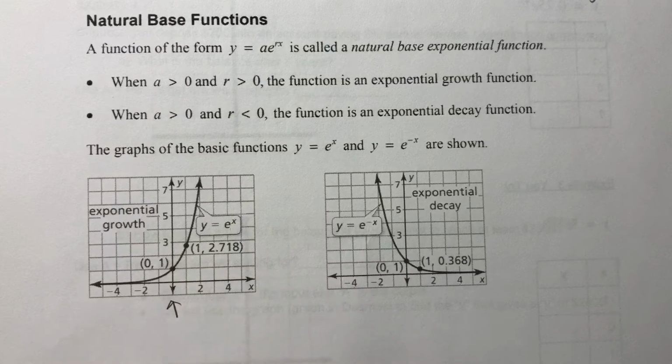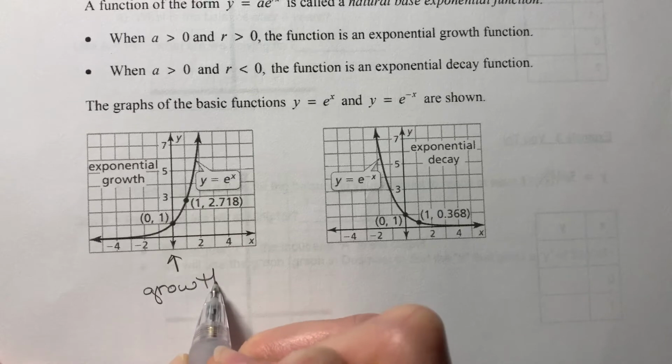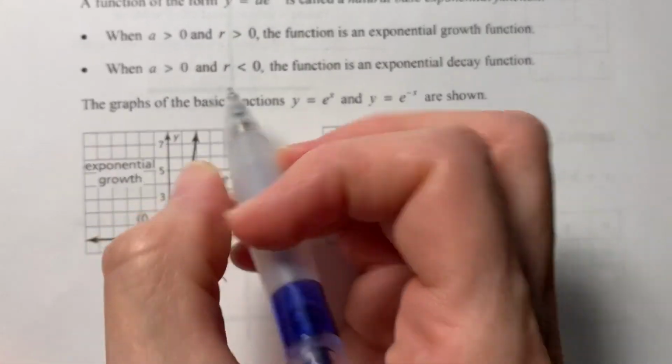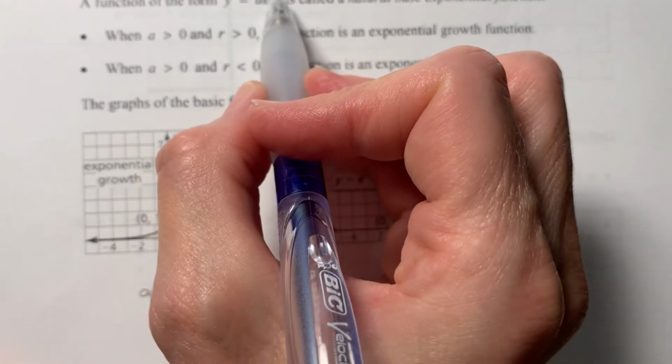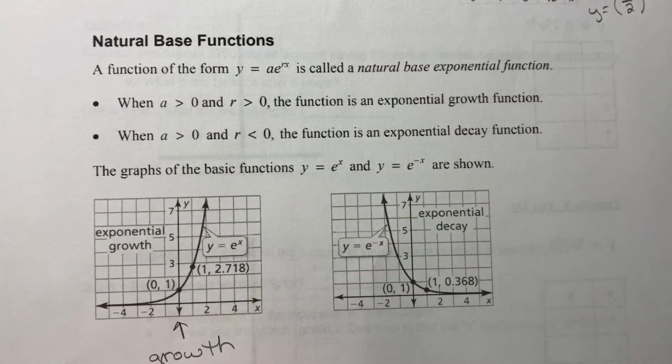These exponential graphs, just like you're used to, are either going to be growth. So remember, growth, as I move from left to right, it points up. So they have this general equation here.